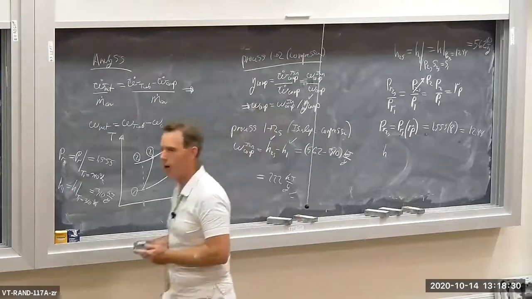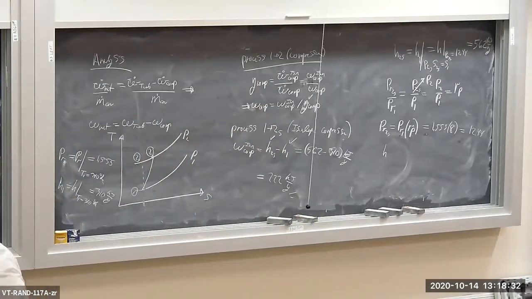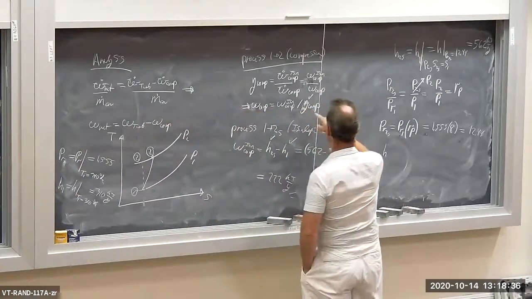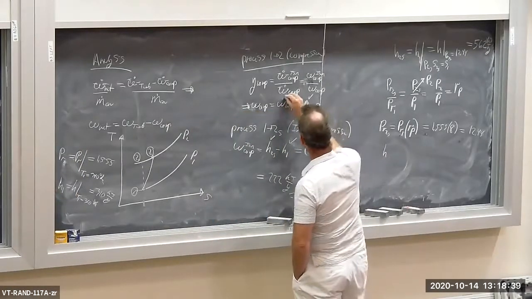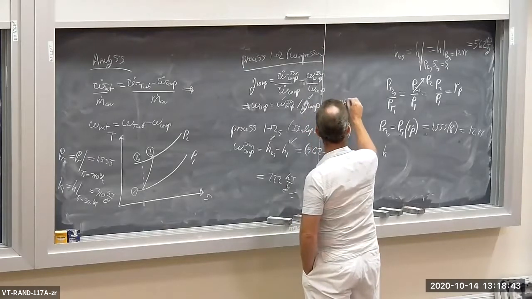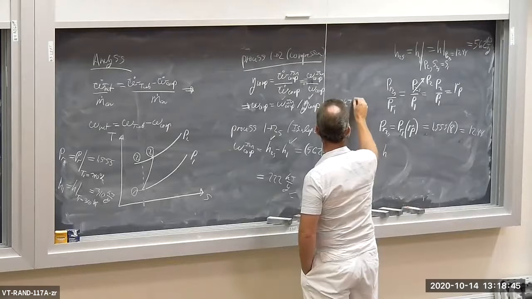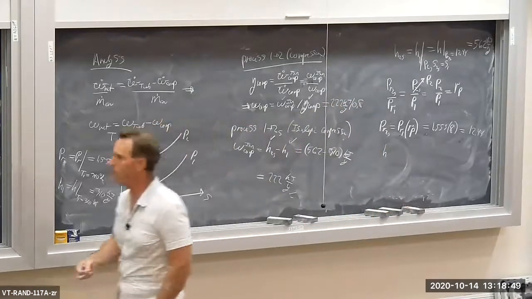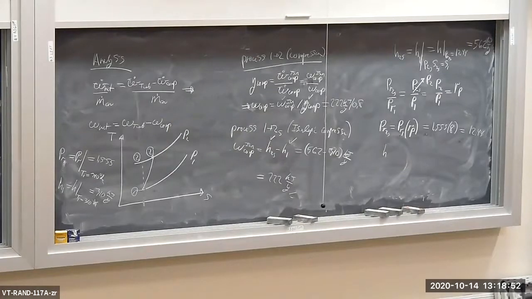So that's the isentropic compressor work. Then I divide that by 0.8. The compressor isentropic efficiency is 80%.